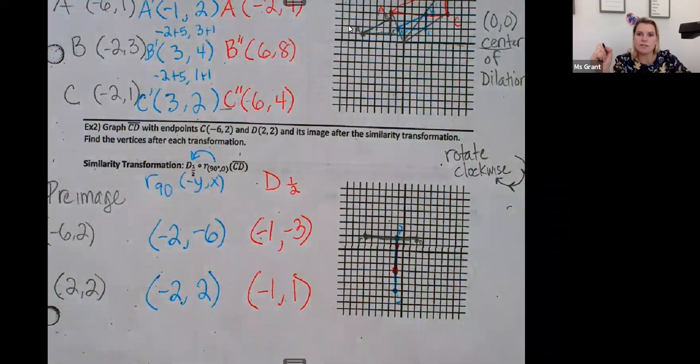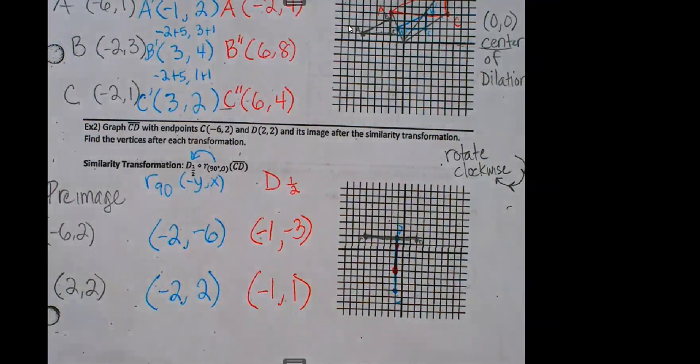Draw the image using the center of dilation at the origin. So I would have the origin be my center of dilation. I would have this triangle with ordered pairs, and then I'd have to double it from the origin, and you'd have to do the math yourself of where it would be located if I doubled this triangle. So it's like a word problem.